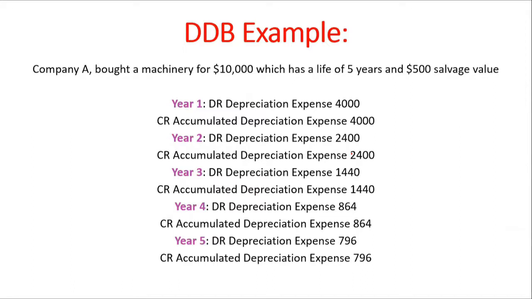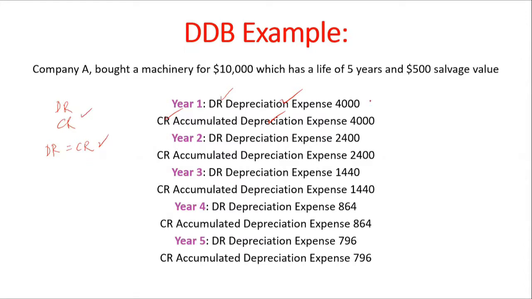In this slide, you can see clearly the depreciation entries. Again, they stay the same: debit depreciation expense and credit accumulated depreciation. For each debit entry, there is always going to be a credit entry, and debits always equal credits. These rules have to be followed.